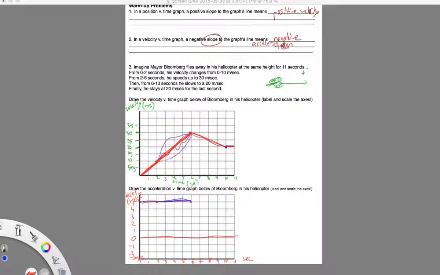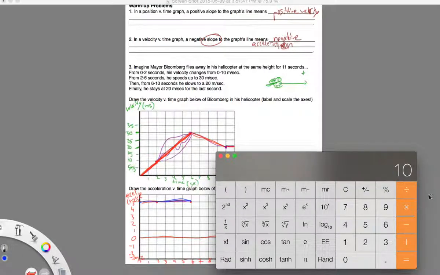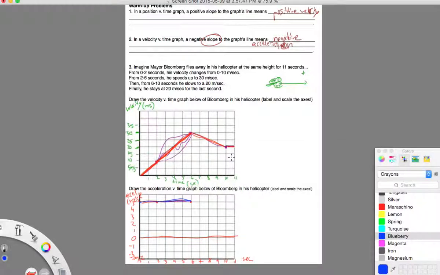Launchpad calculator. 10 over 4 is 2.5. So it's negative 2.5. So this instant right here is going to go down to negative 2.5. That's right there. And it stays the same slope in my graph.